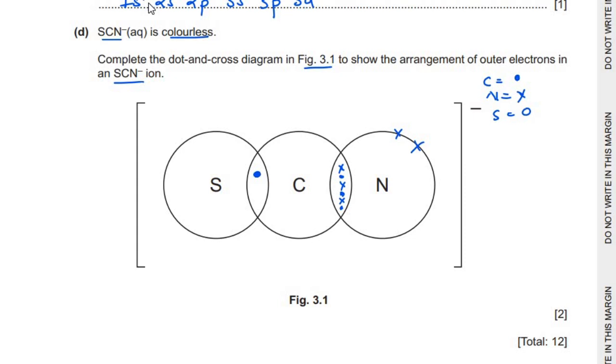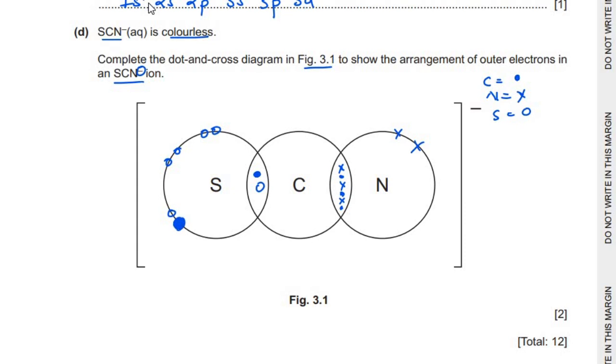Now sulfur has 6 electrons in the outer shell, out of which it's going to share 1 electron with carbon. So it's left with the remaining 5 electrons, so I'm drawing the 5 electrons here. With the sharing electron, that's a total of 7, and it is a -1 ion, so it has gained 1 extra electron from outside, and I'm drawing that as a bold but bigger dot here.